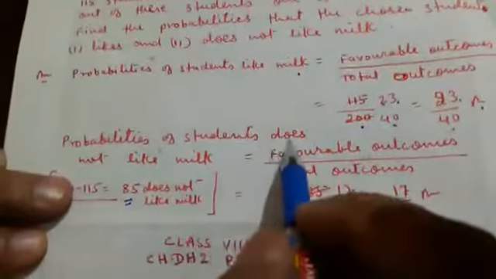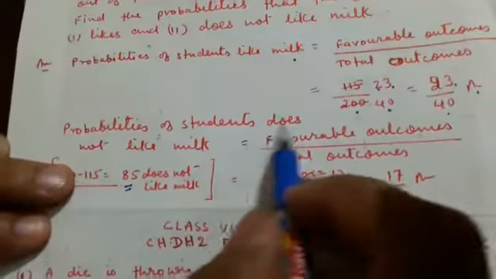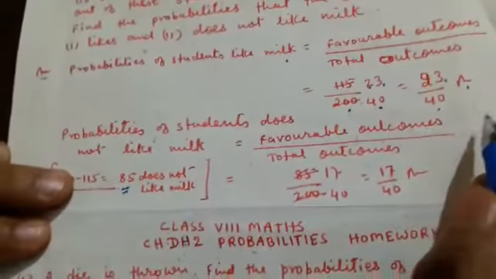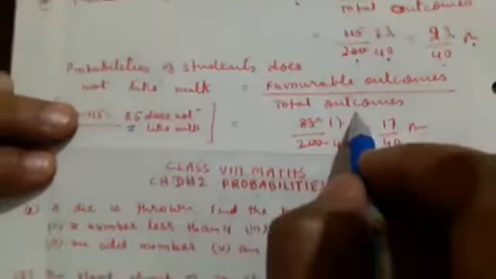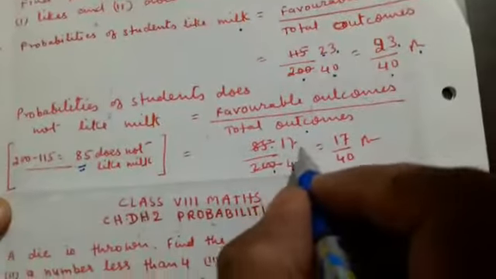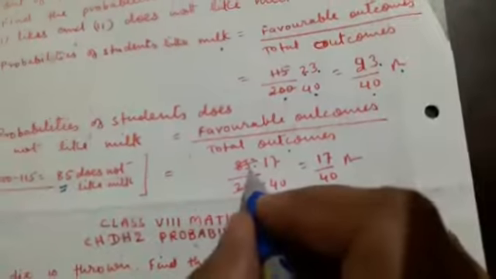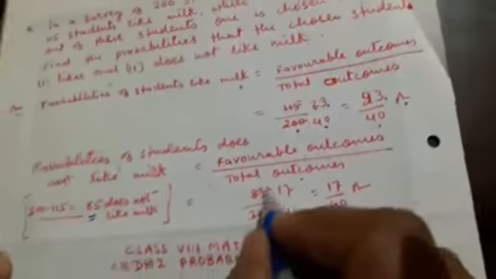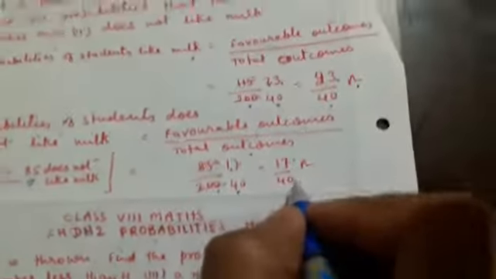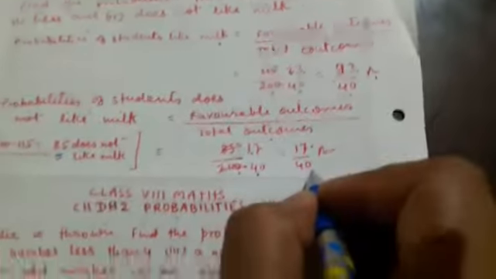So the probability of a student who does not like milk is equal to favorable outcomes upon total outcomes. So 85 upon 200, and now let us simplify by 5. Divide both sides. 17 5s are 85 and 40 5s are 200. So 17 by 40 is our answer. This is our answer of this question.